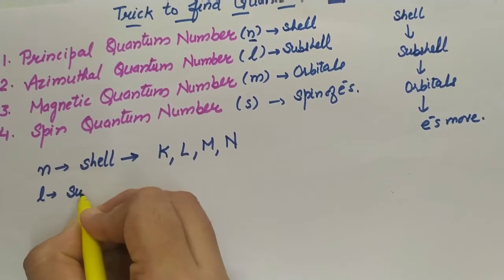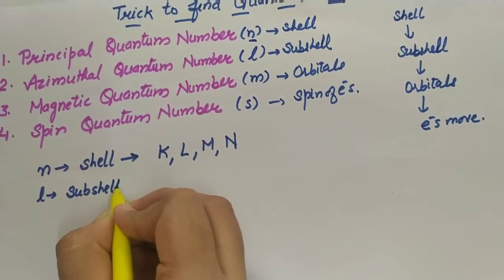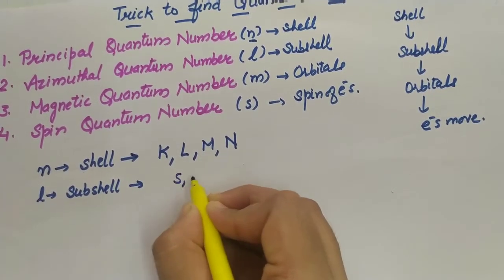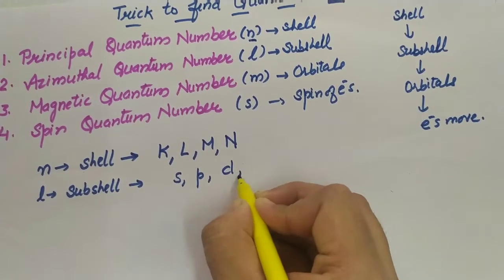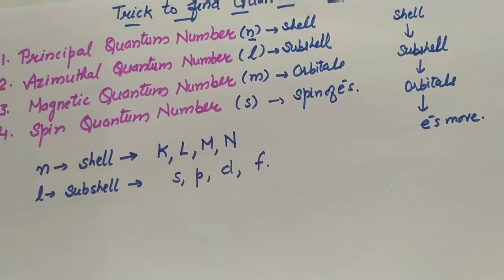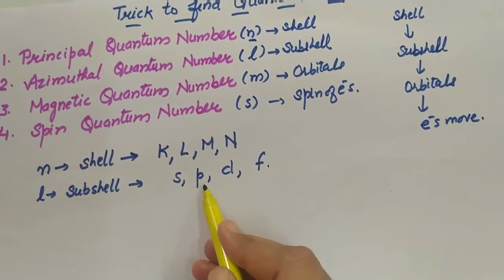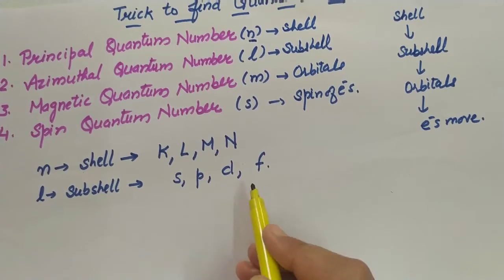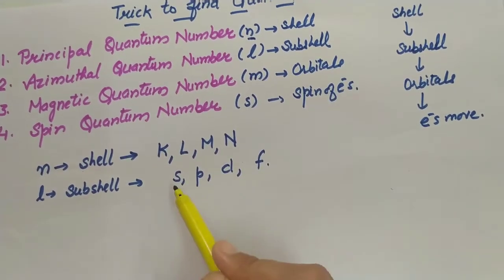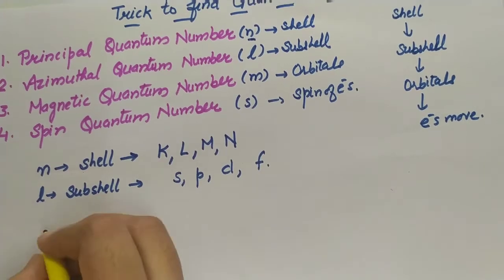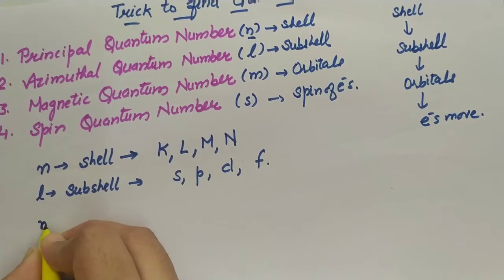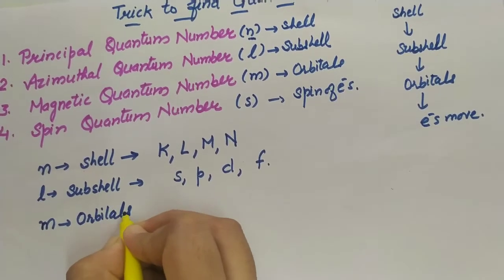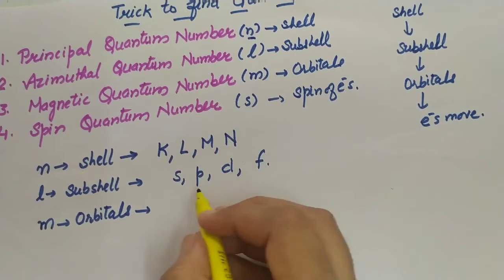Second one is l. l means subshell. Okay. In the shell there are subshells, and the subshells are s subshell, p subshell, d subshell and f subshell. s, p, d and f, there are four types of subshells. In subshells s, p, d, f, there are orbitals. So m represents orbitals.